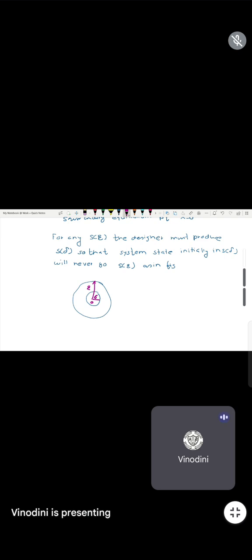So this sphere will be S epsilon, this sphere will be S delta. And how can the trajectory move? Suppose it is like this. It will be in between that sphere. So if it is x0, this will be x(t0), this can be x(t). It will be within that region.